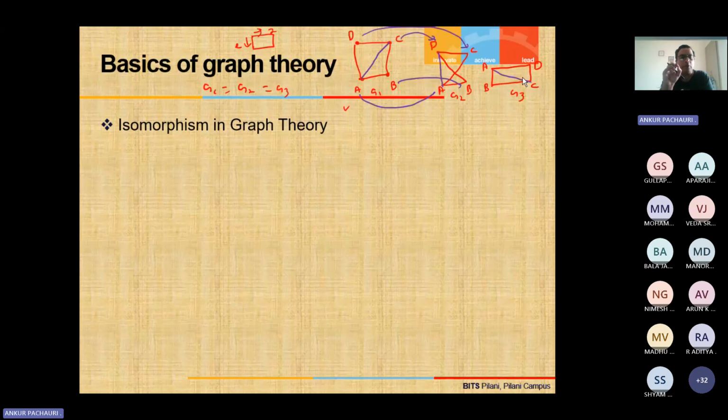Clear? Any doubt regarding the definition of this problem? How we'll say yes or no, that is a different story. But somehow, in any way, if we can come up with that yes or no, whether two graphs are the same or not. They may be different orientations, but the graph should be the same. Clear?